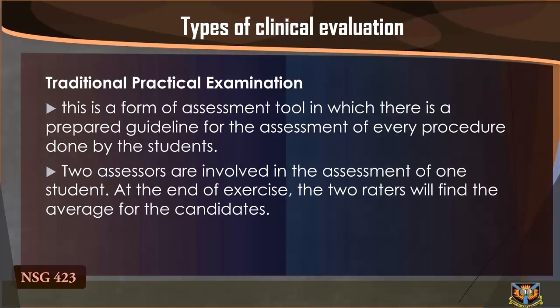Traditional practical examination. This is a form of assessment tool in which there is a prepared guideline for the assessment of every procedure done by the students. Two assessors are involved in the assessment of one student. At the end of the exercise, the two raters will find the average for the candidates.